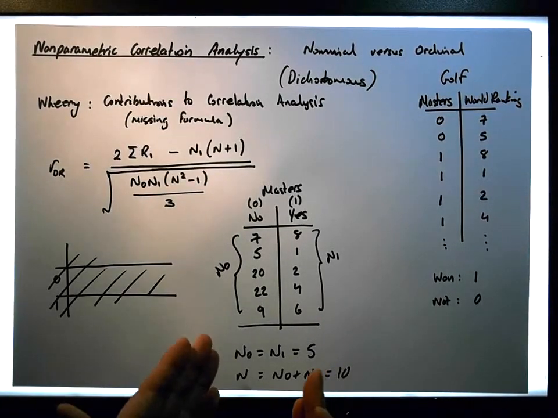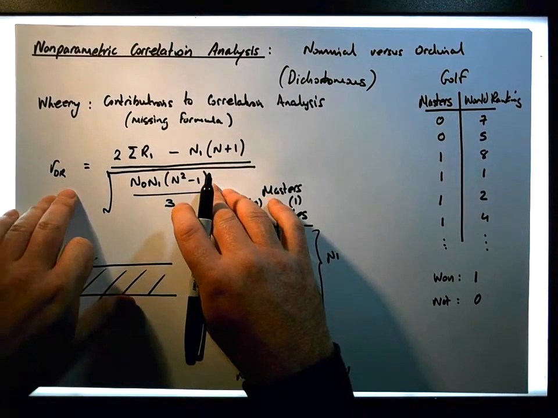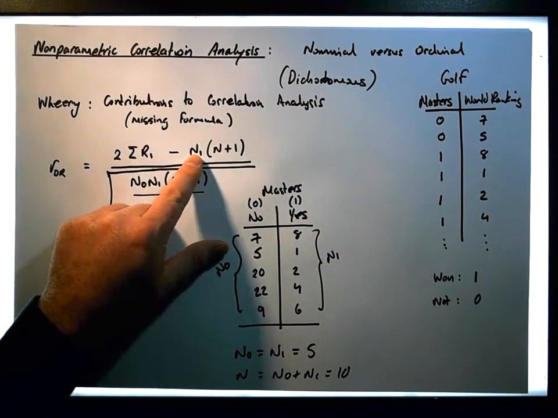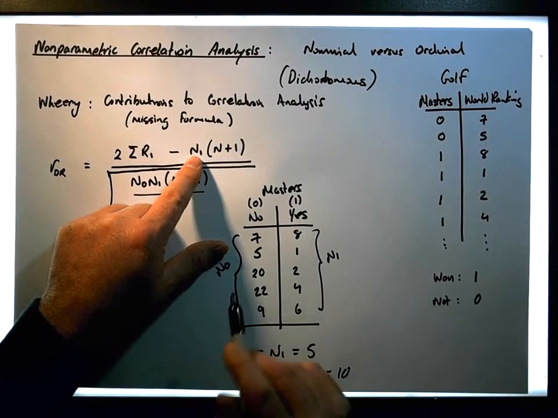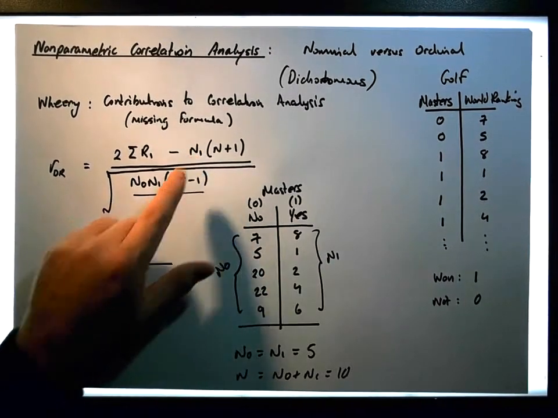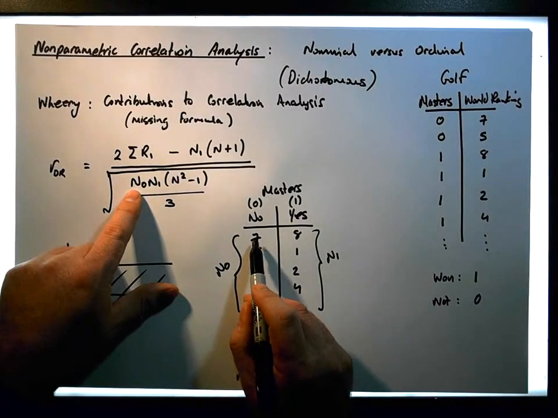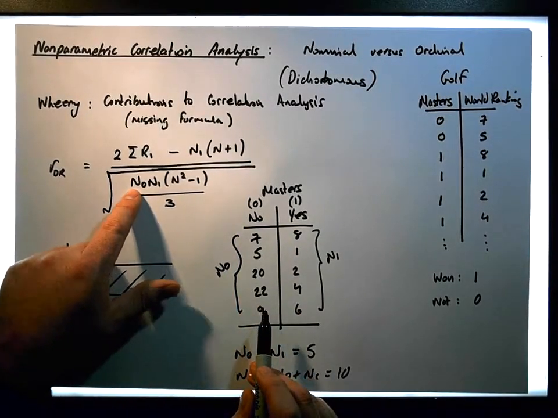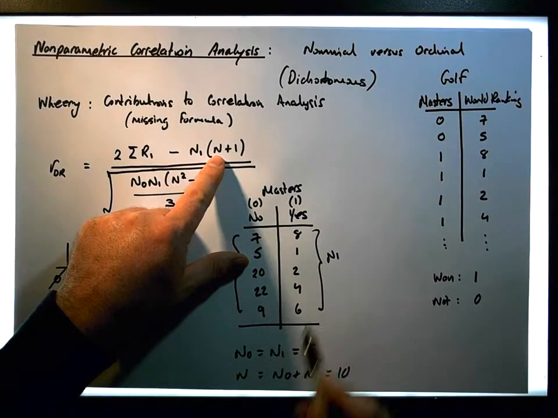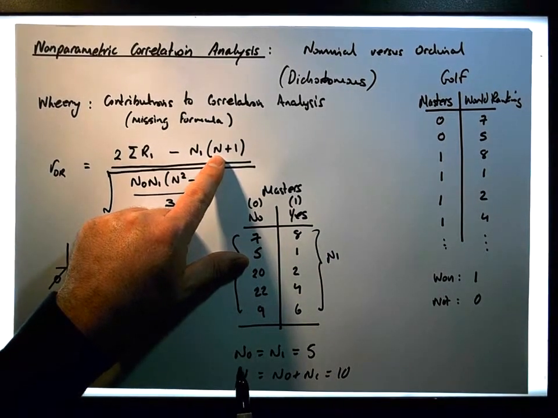So we basically already have nearly everything for this correlation formula. We have n1, the number of observations in the group labeled 1 on the dichotomy. We have n0, the number of observations in the group labeled 0 on the dichotomy. And we have n, the sum of all observations, the sum of both sample sizes, which in this case is equal to 10.